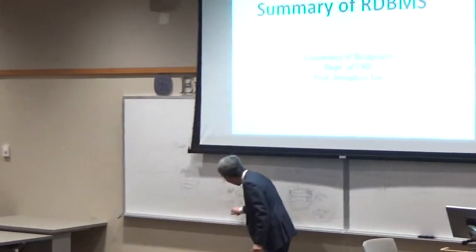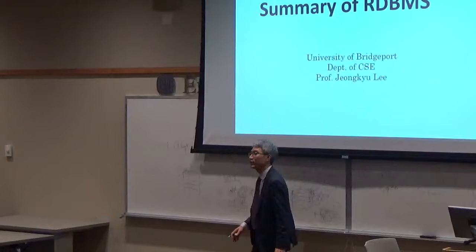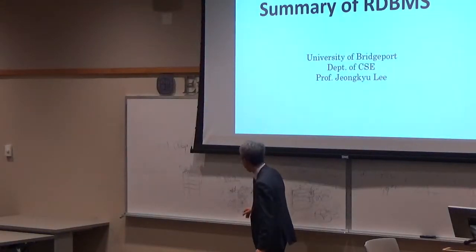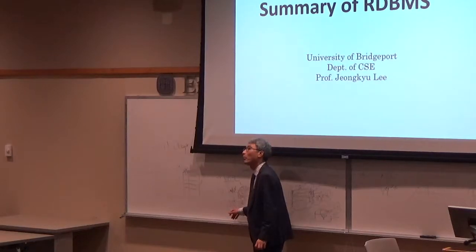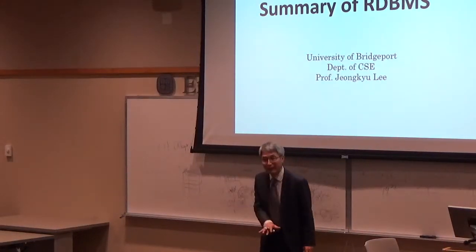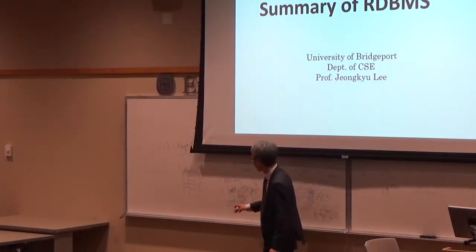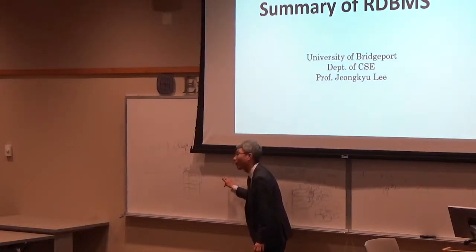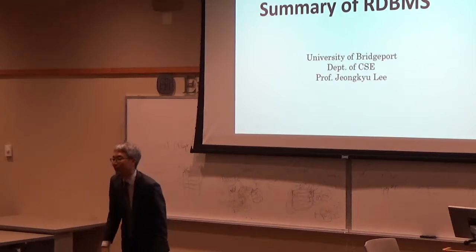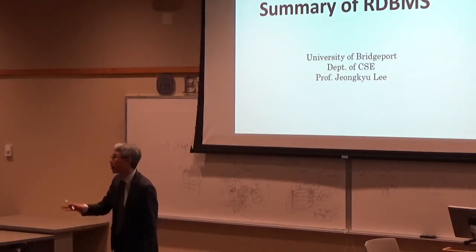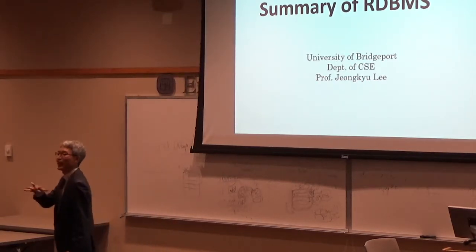Plus something other. Nowadays, the index organized table, or memory-based database. So, not only just using buffer, why don't we create a table in memory? The problem is, memory is volatile. It's not reliable.